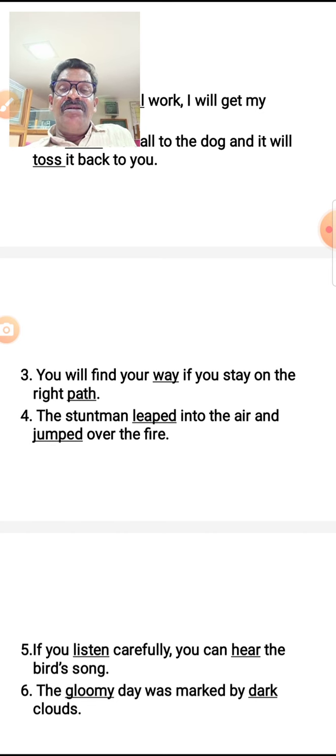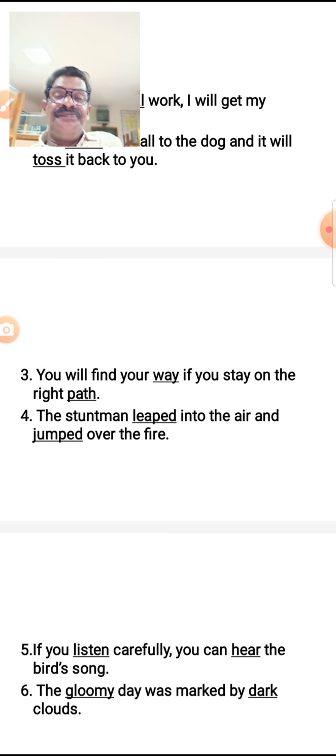The stuntman leaped into the air and dashed over the fire. So the most similar word to leaped is jumped. So the suitable synonym of leaped is jumped.